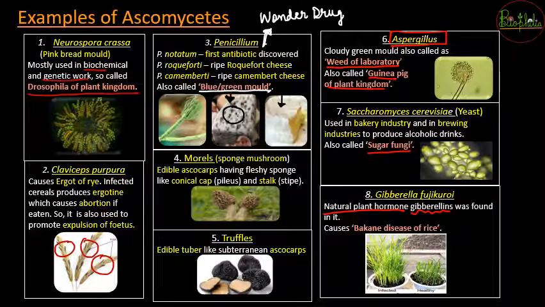So जब Gibberella fujikuroi grow होता है mainly on rice, it was found rice plant में जब ये grow होता है, then it is causing a disease that is called Bakanae disease of rice.